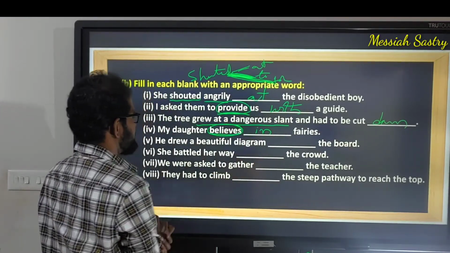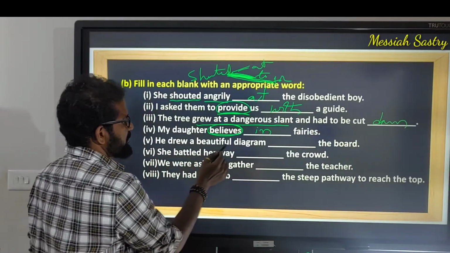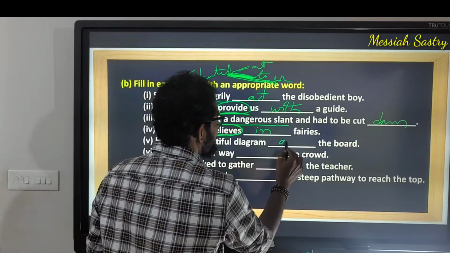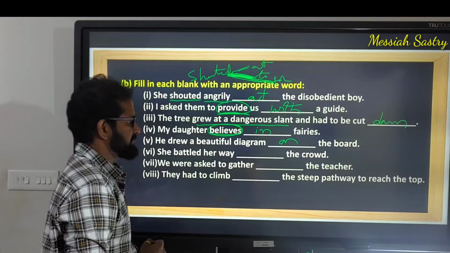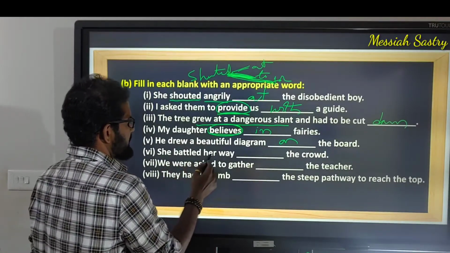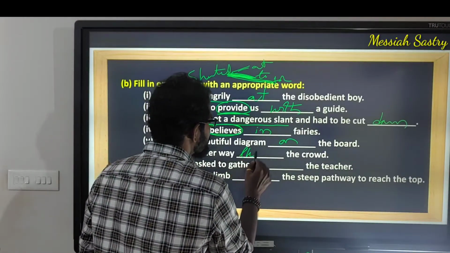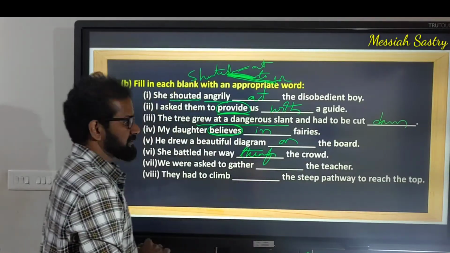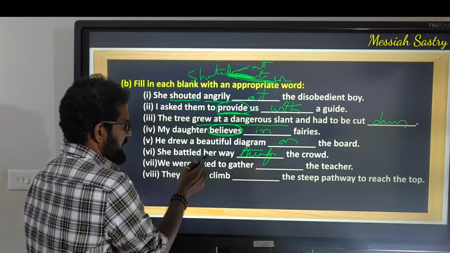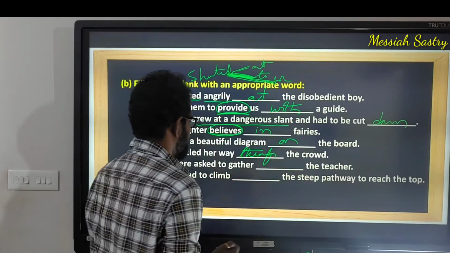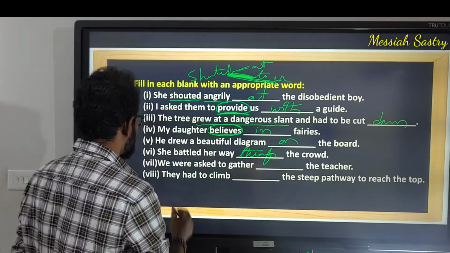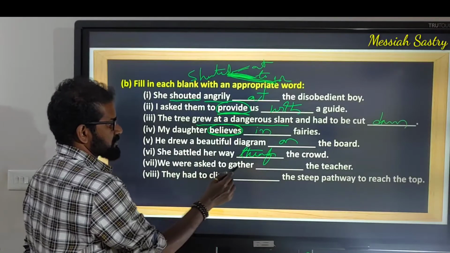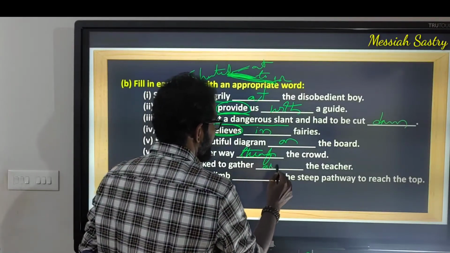He drew a beautiful diagram on the board. She battled her way through the crowd. So she went through the crowd. We were asked to gather around.